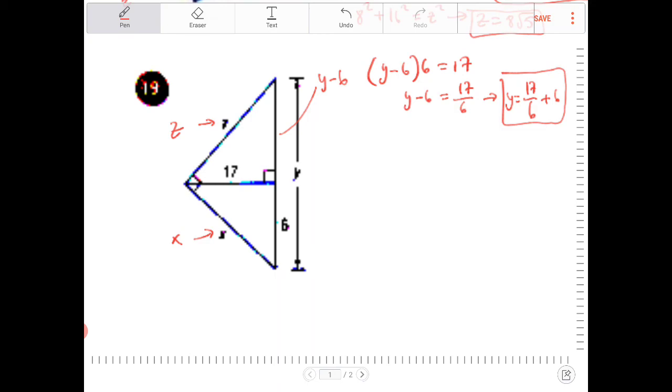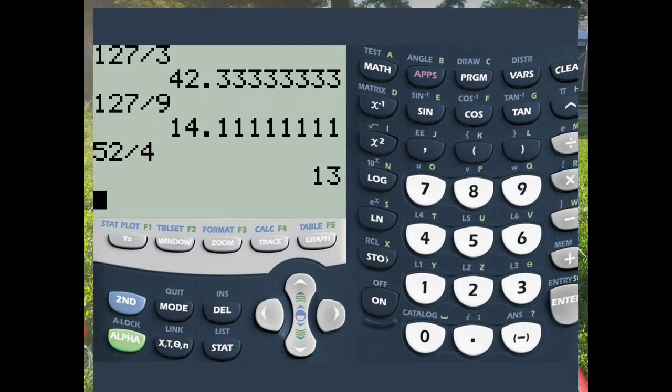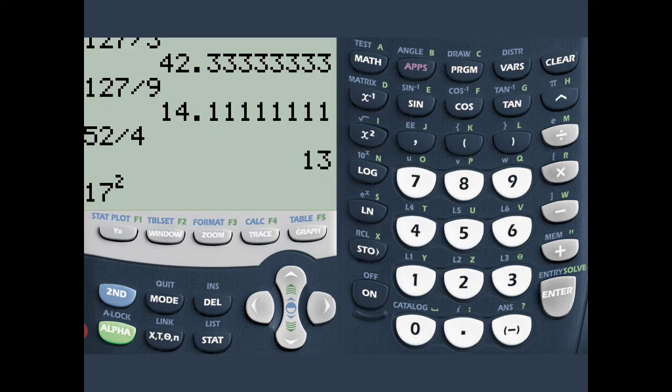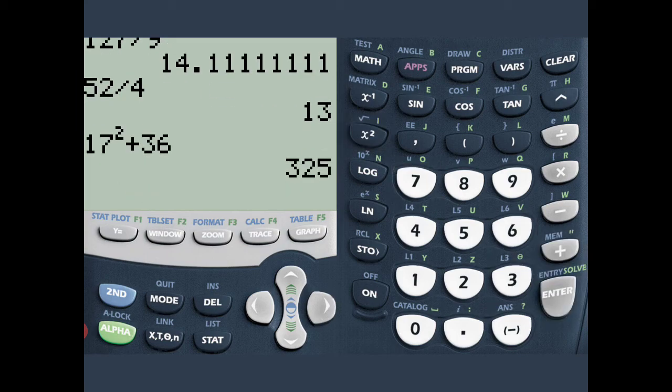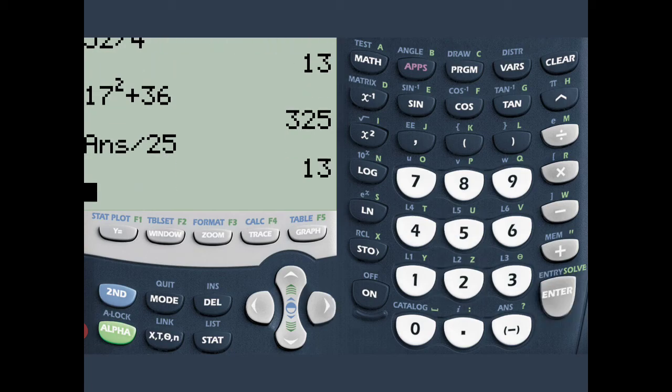And I need to solve for x. So x squared is equal to 6 squared plus 17 squared, or x will equal the square root of 17 squared plus 36, 325, and that's divisible by 25.